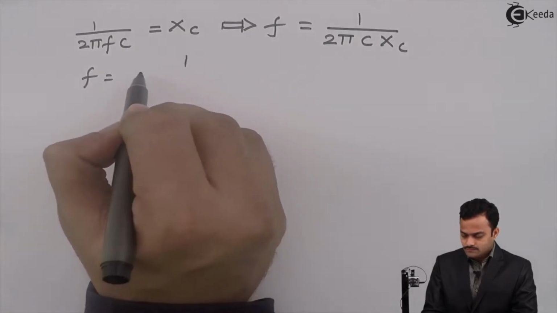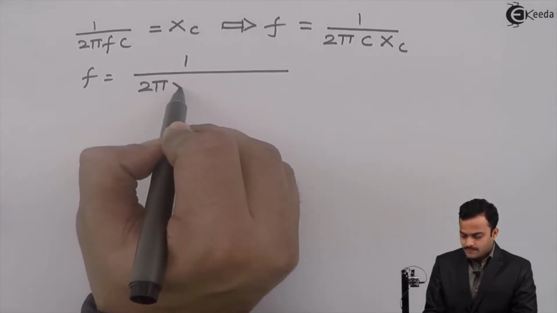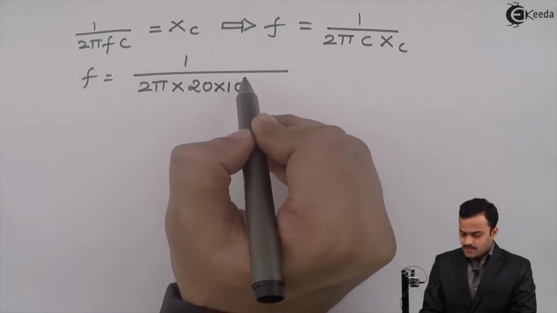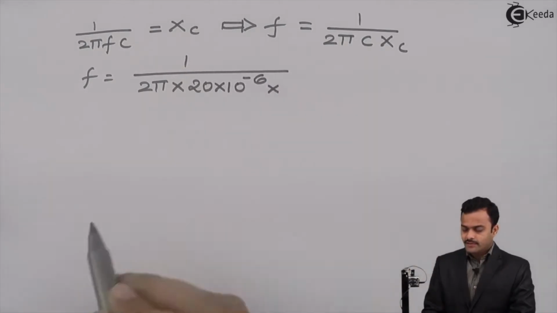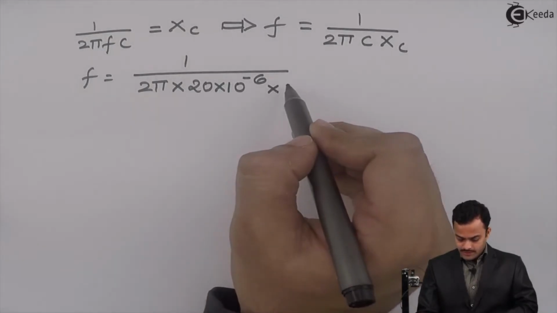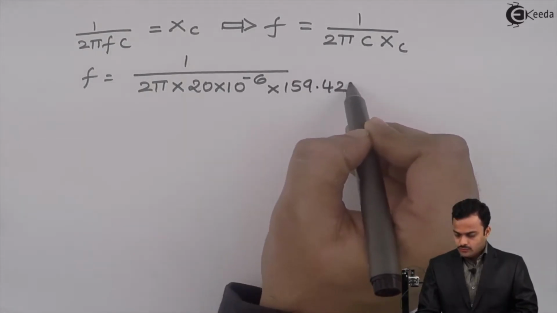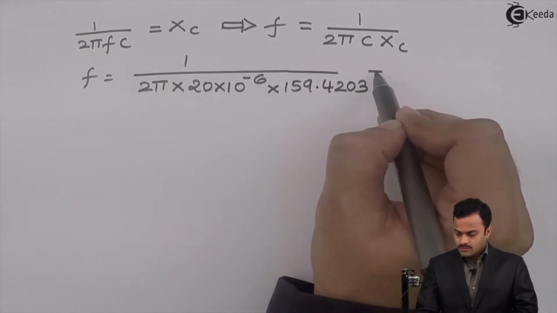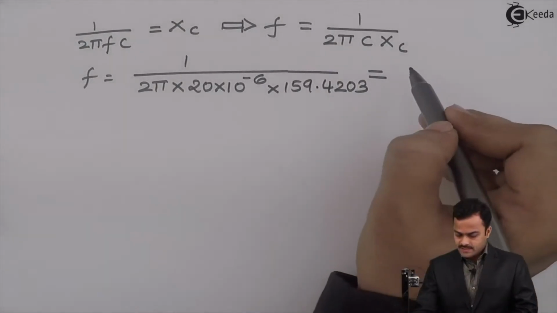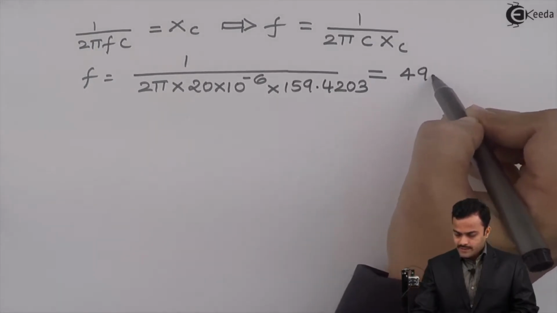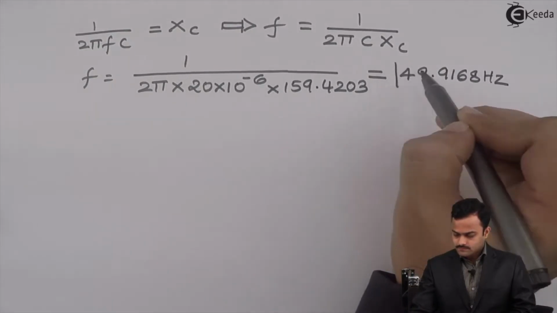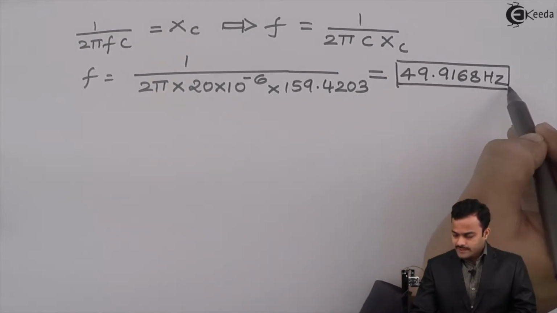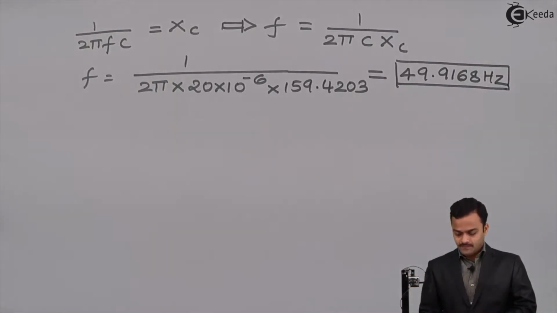Capacitance value is 20 into 10 raised to minus 6 and XC we have calculated as 159.4203. If we solve, you will get frequency as 49.9168 Hertz. One of the unknowns we are getting directly over here. Let's solve for further unknowns now.